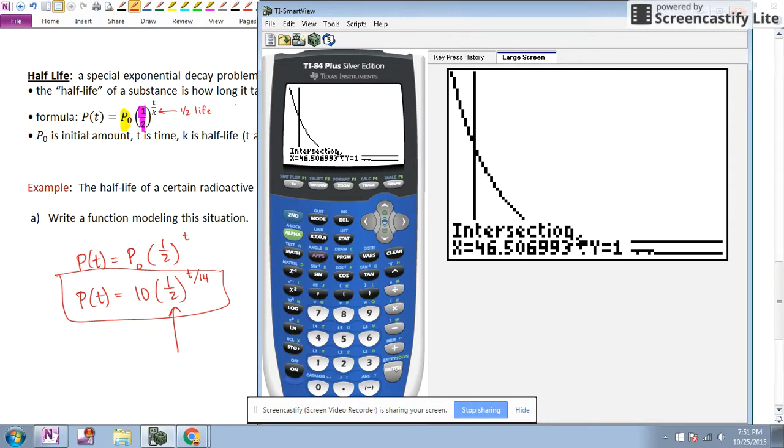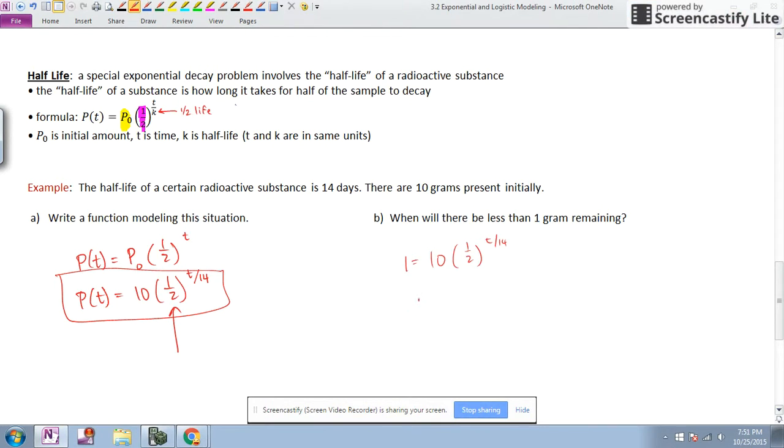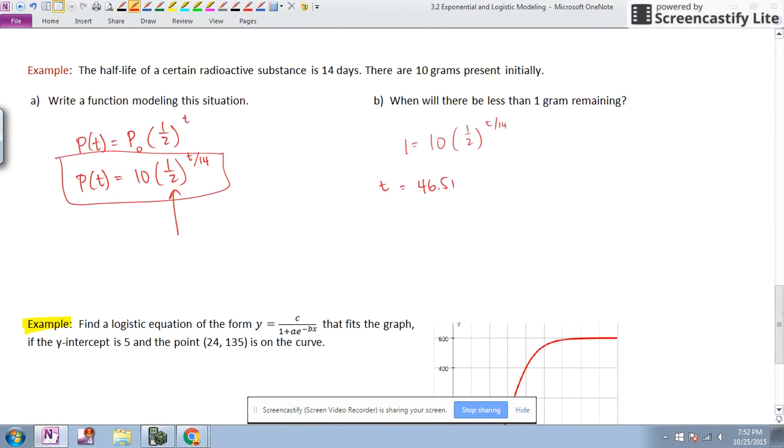So at 46.51 days it'll hit that beautiful 1 gram. Therefore I can tell people that it's going to take 46.5 days to reach 1 gram. So let's say at 47 days, you'll be less than 1 gram.